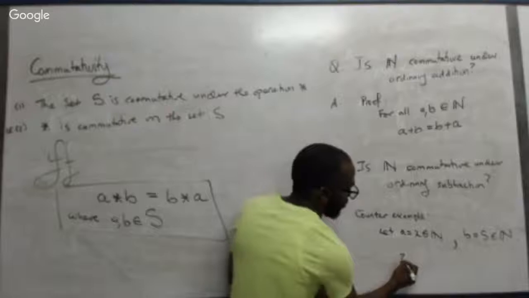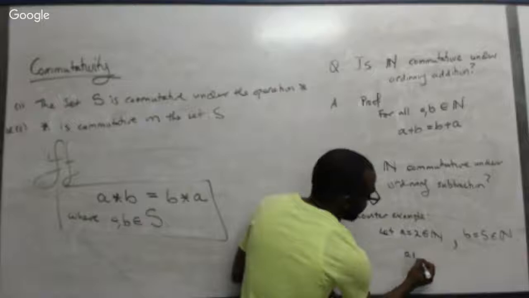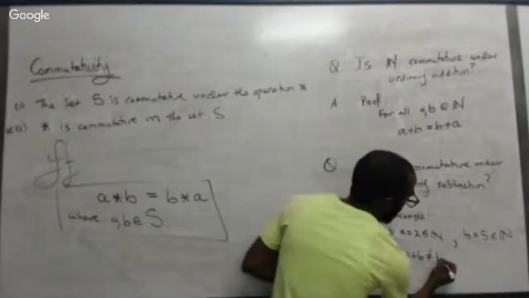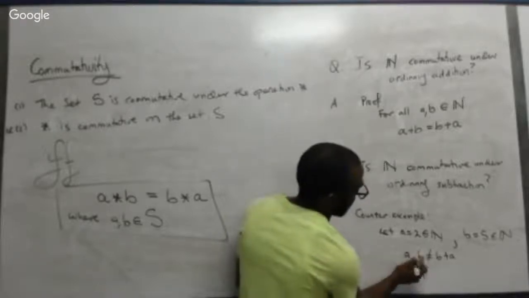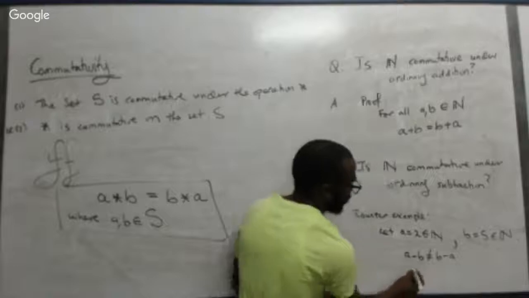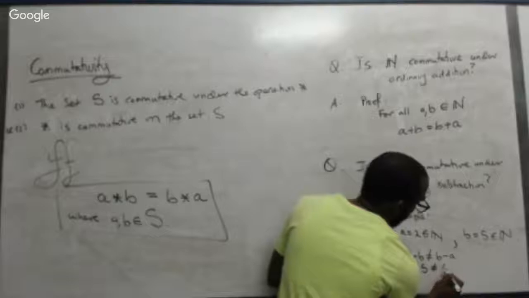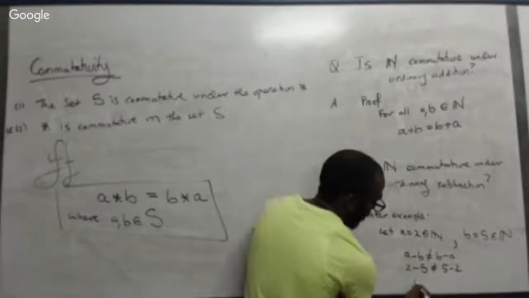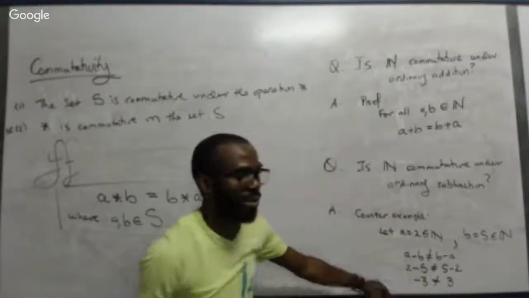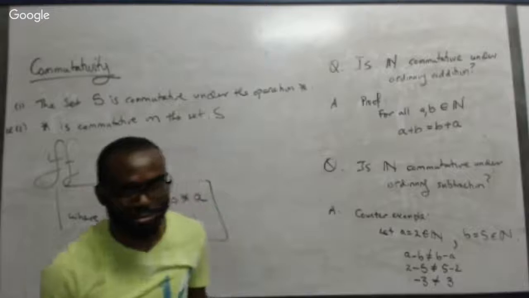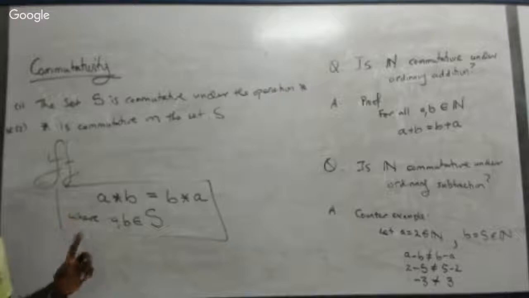I can show that A minus B is not equal to B minus A. How? I can show that where A is 2, this is 2 minus 5, which is not equal to 5 minus 2. In one case, it's minus 3, and in the other case, it is positive 3, not equal. Fair enough? And that's the proof. That making sense? This is easy, right? Easier than the first one.